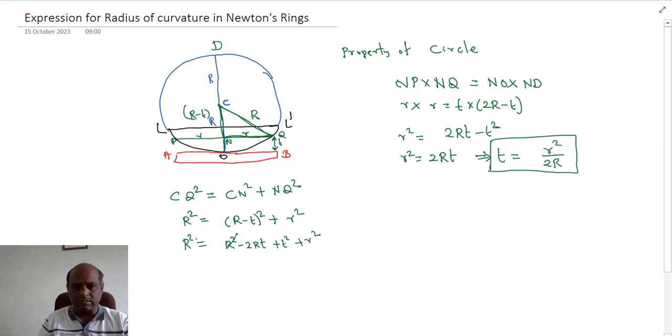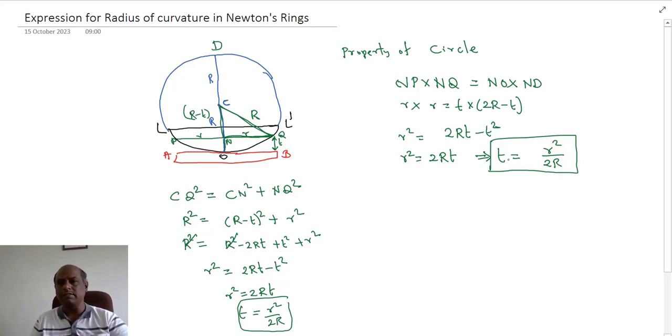So R square cancels. r square is equal to 2RT minus T square, and again neglecting T square, r square is equal to 2RT. So what we will get again? T is equal to r square by 2R. So we can adopt any one of these. Either we can get this thickness from the property of circle or from the Pythagoras law.